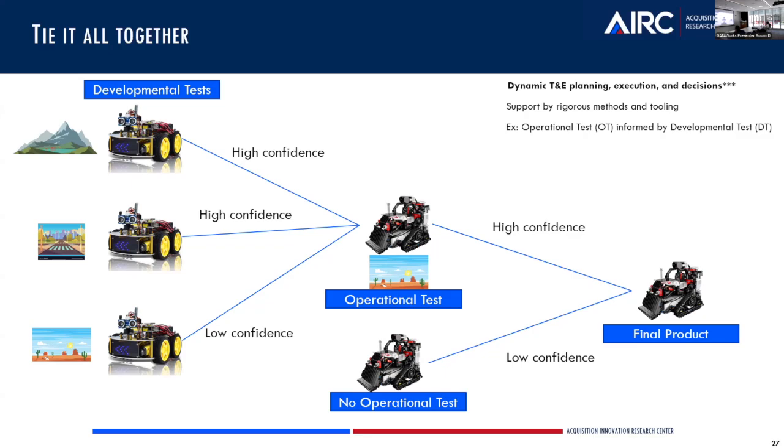You can imagine, even if this wasn't labeled as developmental test and it was maybe just all operational tests, but it was a series of tests, what this really means is that you should be able to change the trajectory of the tests based on the confidence level that you achieve within a specific test. If you're just testing and this is the final system and you've got a set of operational tests, you should be using that knowledge to inform what you're doing in the future.